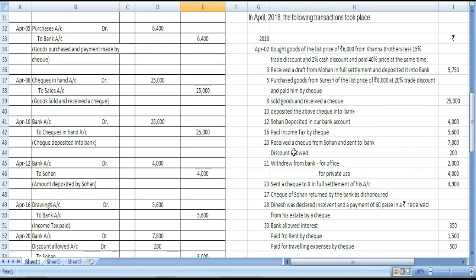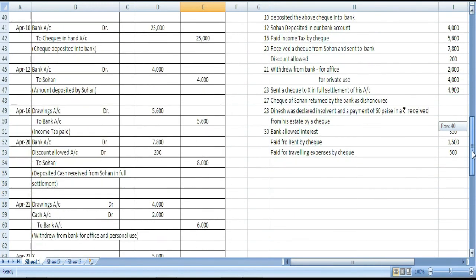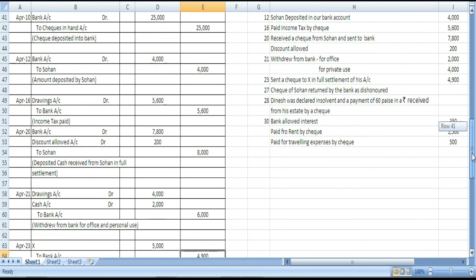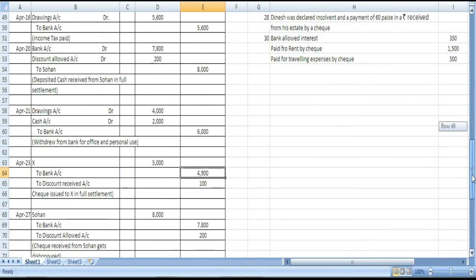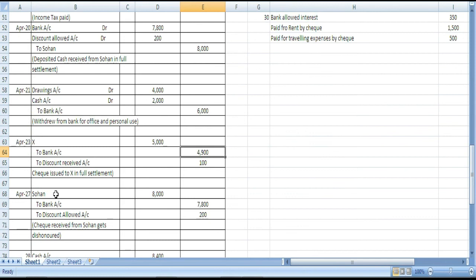So, this particular check that Radhika Traders had deposited into the bank is being dishonored. So, we will return back the check to Sohan. So, Sohan becomes the receiver to bank.